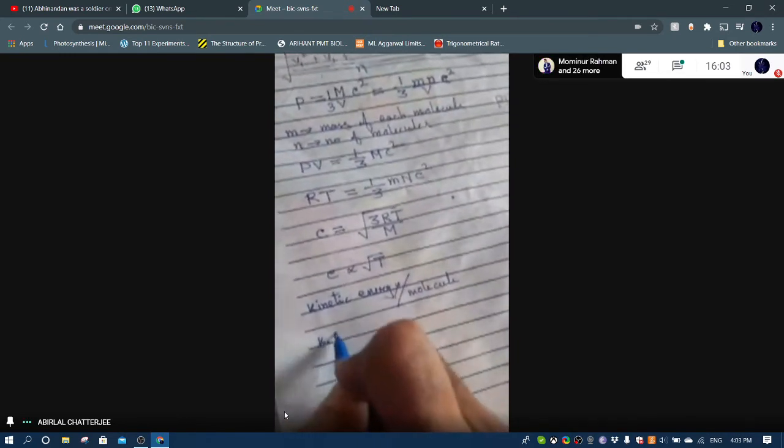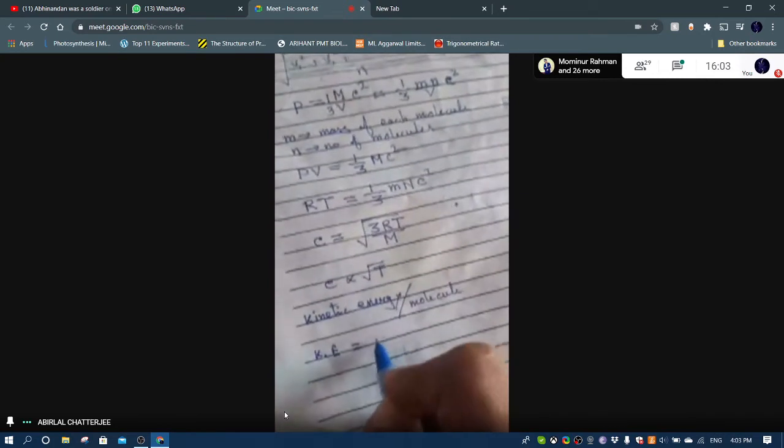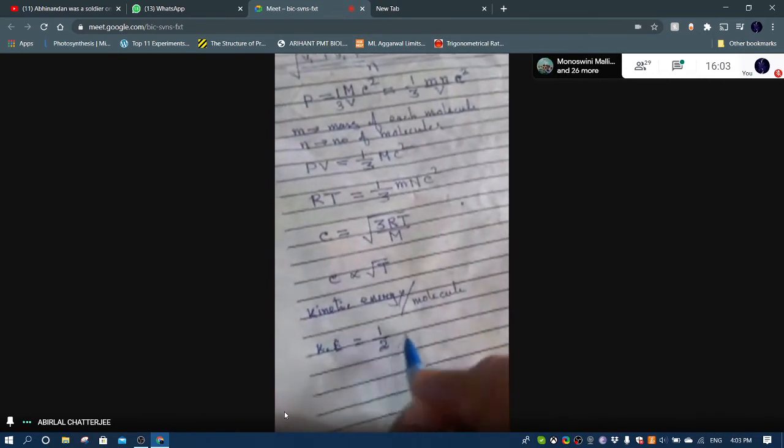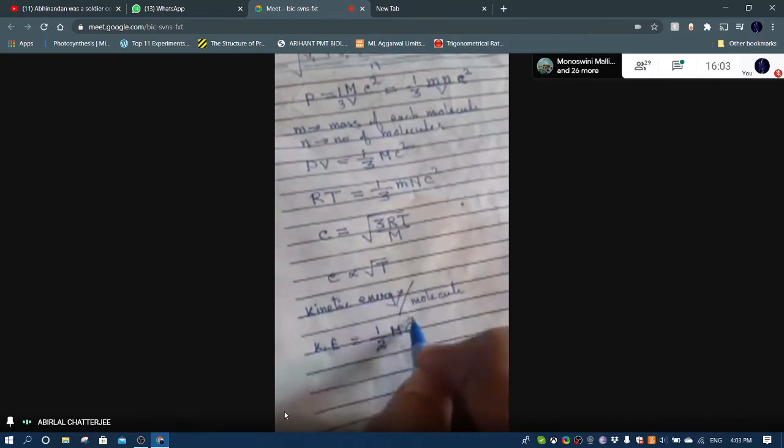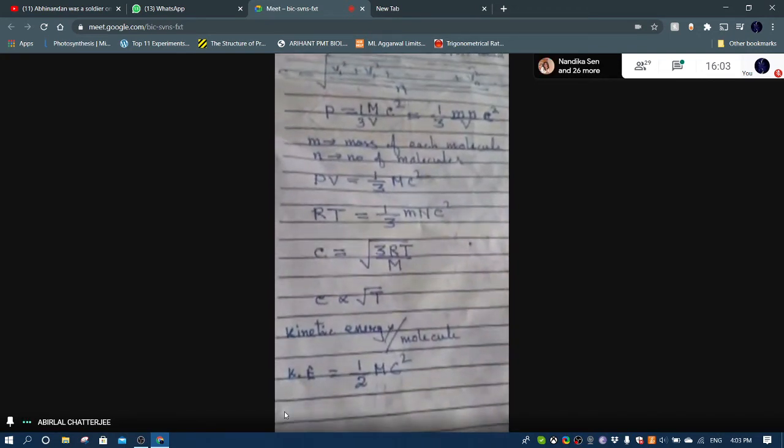K equals to what? Half mu square, half m into c square. Yes or no?